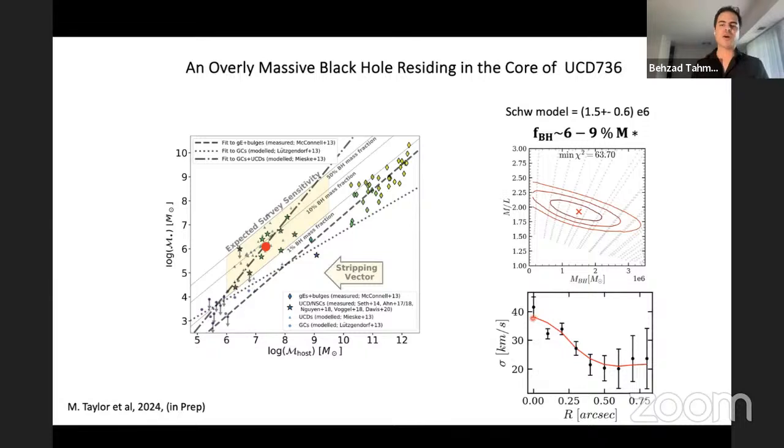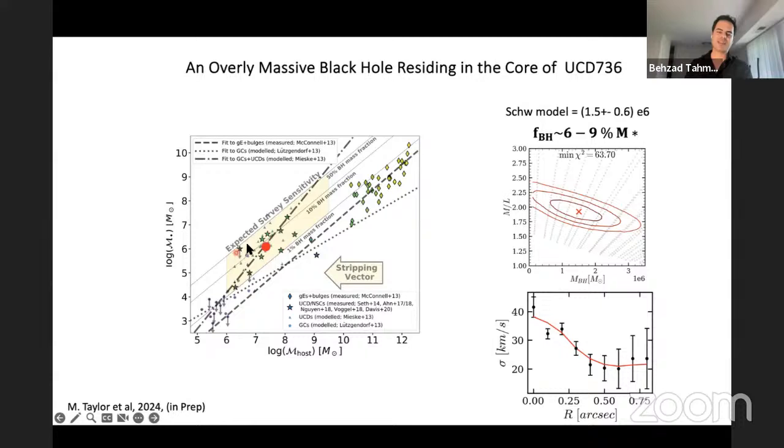I don't want to talk about uncertainty, but roughly this UCD is located in the 1% black hole mass fraction trend.